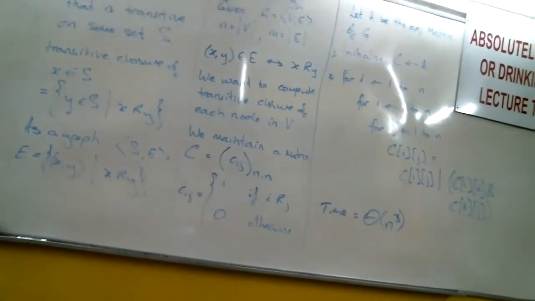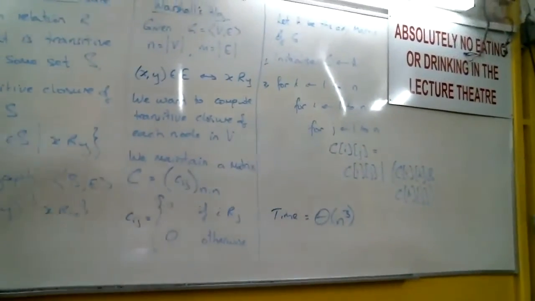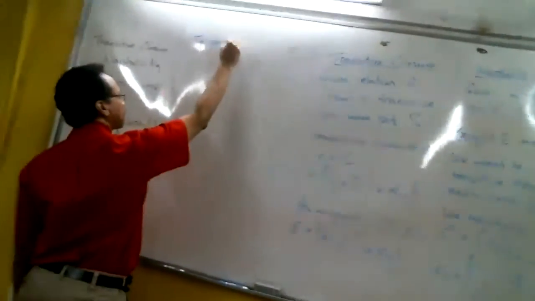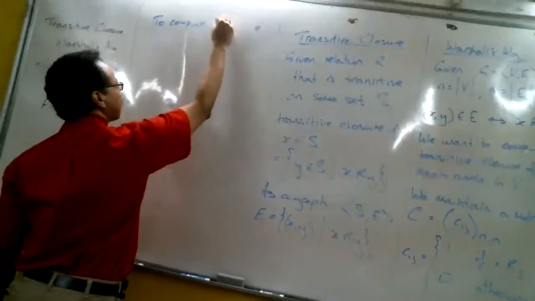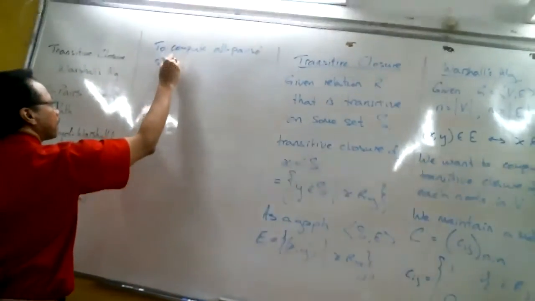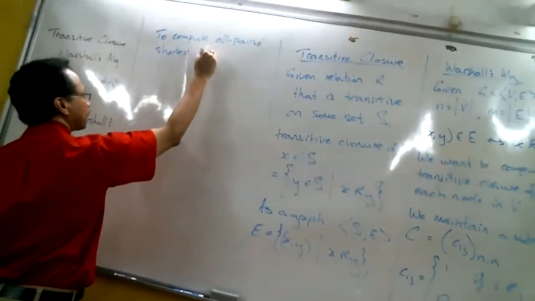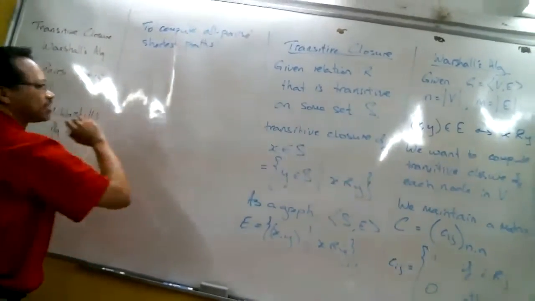We can tweak this algorithm a little bit to get all pairs shortest paths in the following way. This is called Warshall's algorithm, and the tweak is called Floyd-Warshall. So if you wanted to know all pairs shortest paths, it looks very similar.